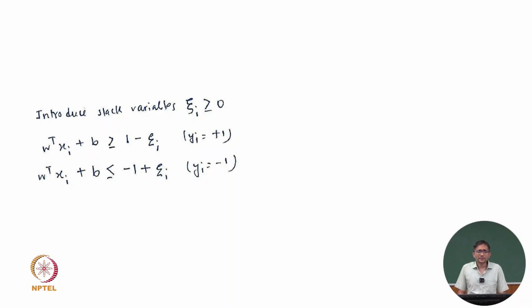Mathematically, we introduce this epsilon greater than or equal to 0, such that now we have wtxi plus b is greater than or equal to 1 minus this epsilon, and wtxi plus b is less than or equal to minus 1 plus this epsilon.